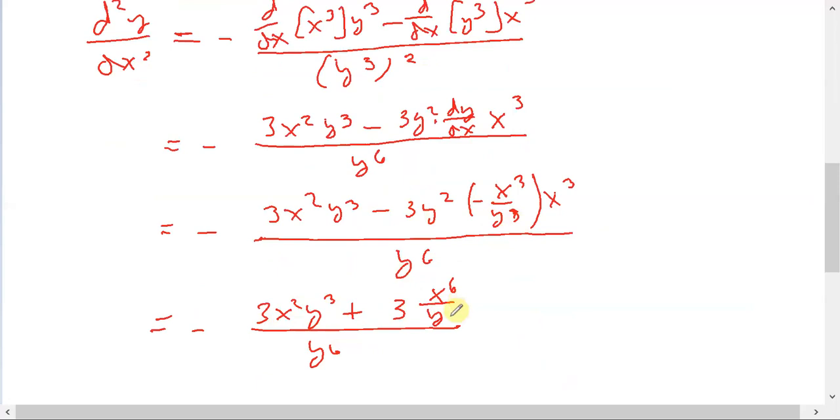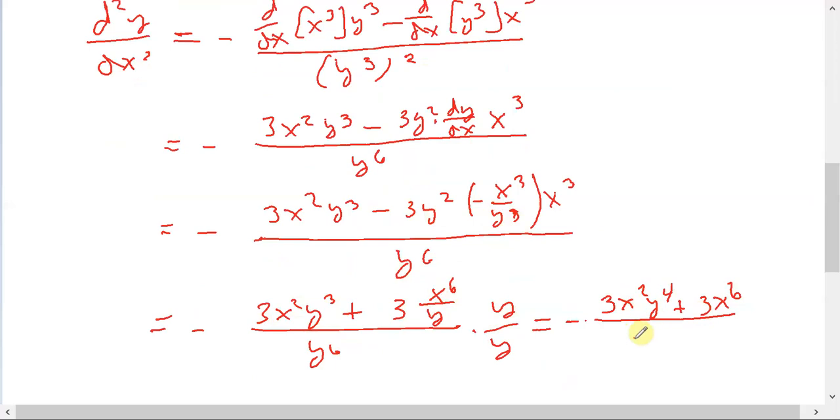Well, I don't want that y in there like that. So what I'll need to do is multiply top and bottom by y over y to clear out that fraction. When I do that, I'm going to have a minus 3x squared times y to the fourth now, plus 3x to the sixth, because that y will be gone.